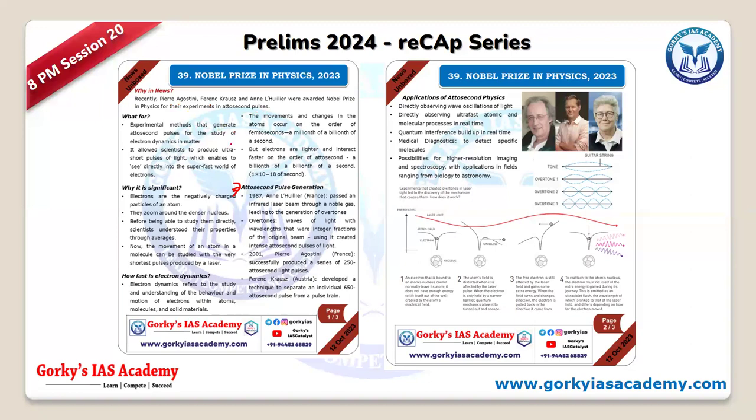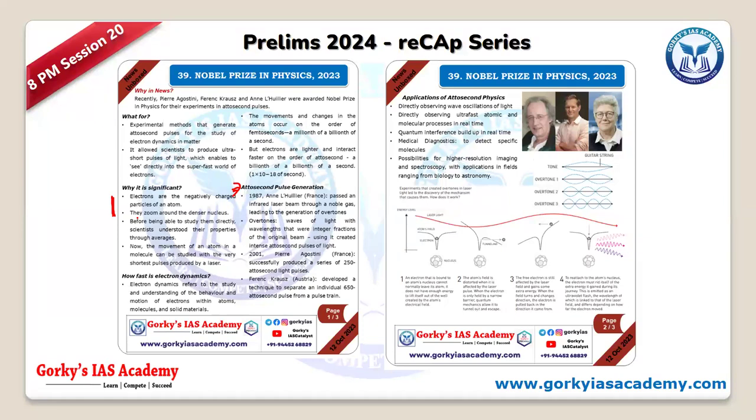The most important thing is they will be asking about the acceleration of electrons, how electrons actually flow and at what speed, and why there is an issue in understanding their speed.